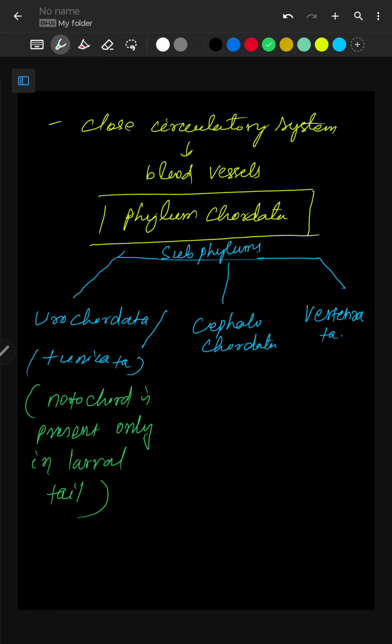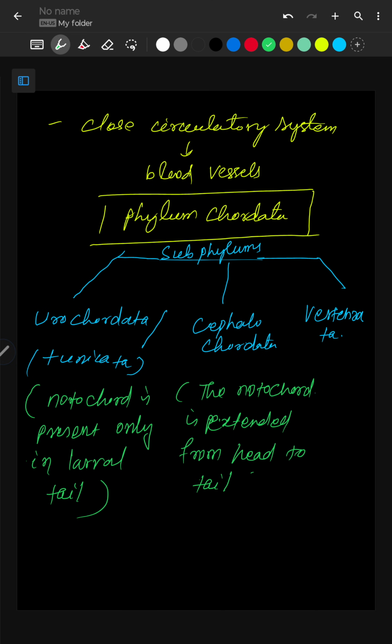But in Cephalochordata, cephalo means head, so the notochord is extended from head to tail.